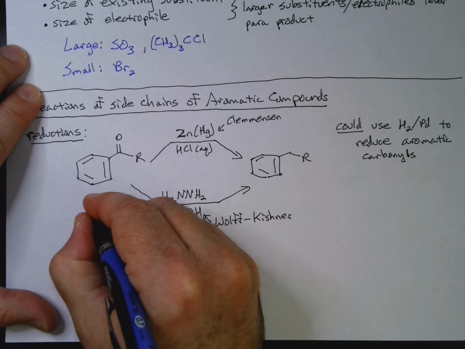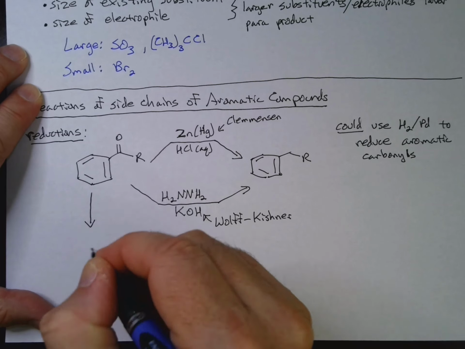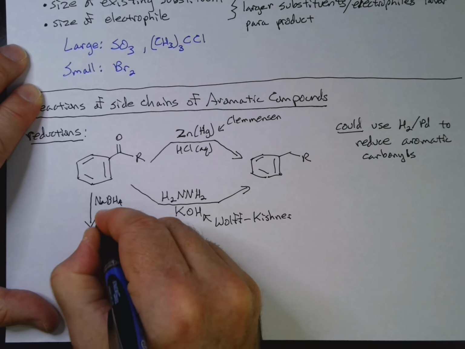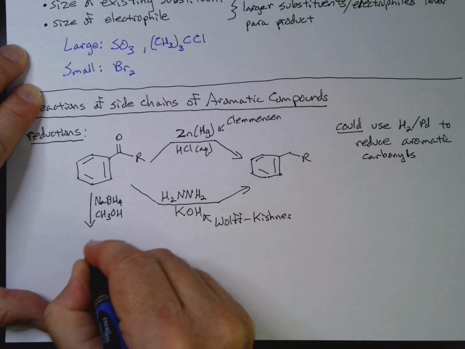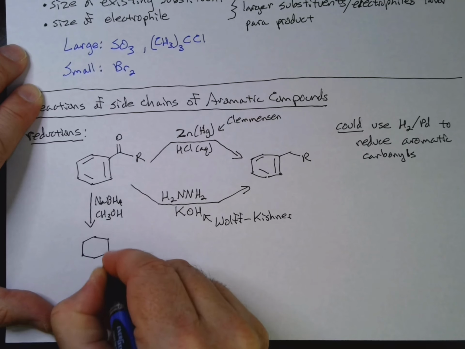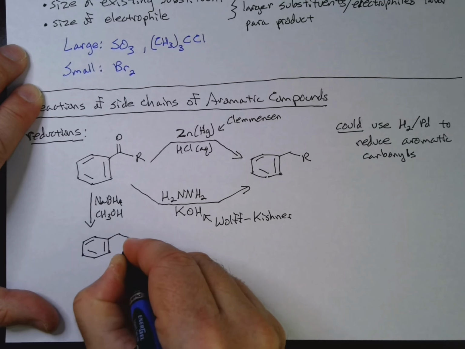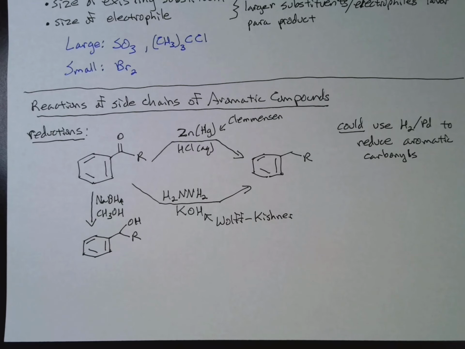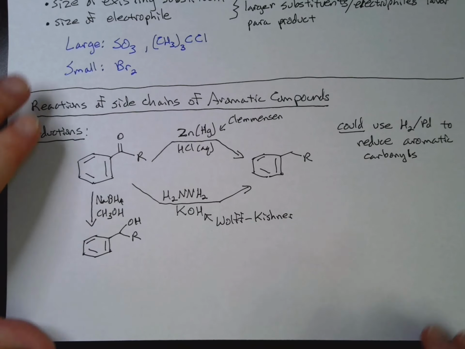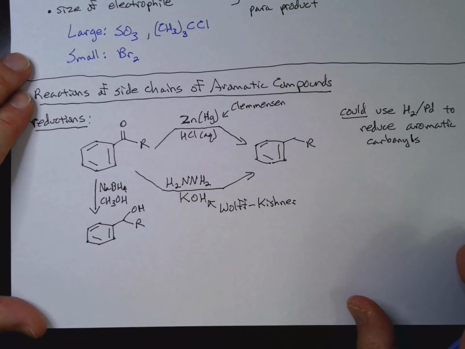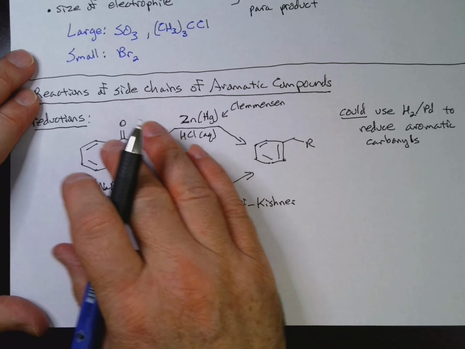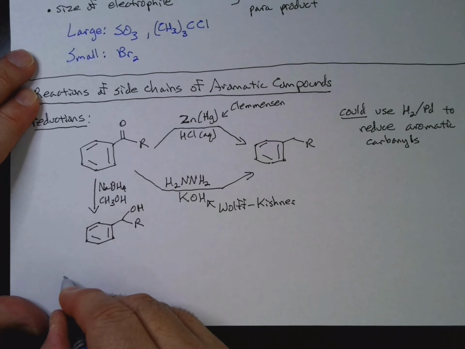Now, there's one more reduction that I didn't mention. And that is, of course, something like NaBH4 in methanol or water. But, of course, that gives us now our alcohol. Now, carbonyls are not the only thing that could be reduced for the side chain on an aromatic compound.